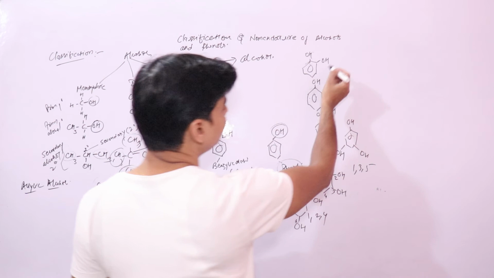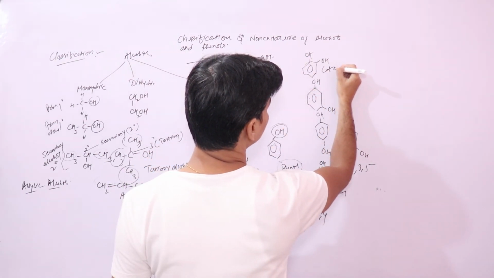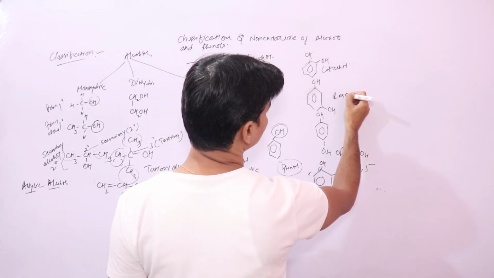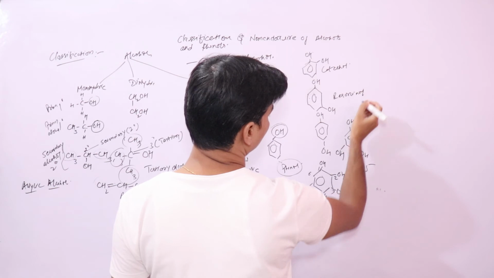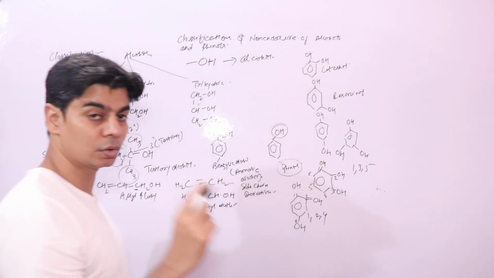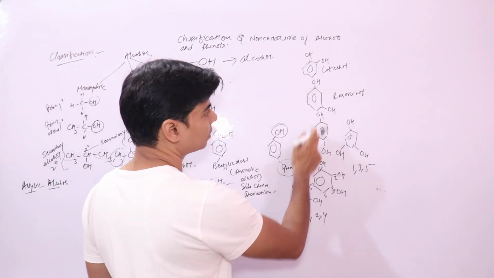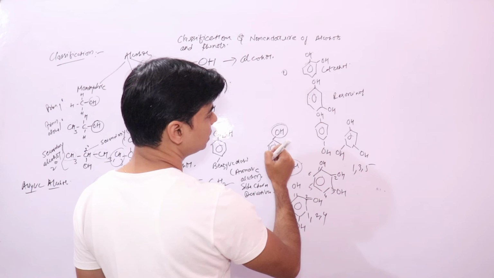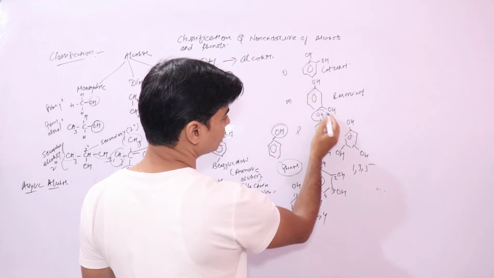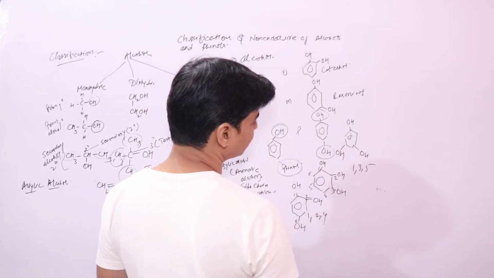Similarly, even these dihydric alcohols can be named. This is your catechol, this is your resorcinol, and this one where you have OH groups in the para position, both the OH groups being para, is para-dihydroxybenzene.